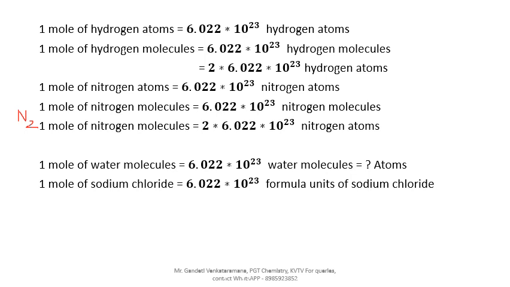This is very, very important. Meanings are very important: hydrogen atoms, hydrogen molecules, nitrogen atom, nitrogen molecule. Hydrogen gas represents the hydrogen molecule. Hydrogen atom doesn't represent the hydrogen gas. Atom is different because hydrogen gas is H2, atomicity 2.